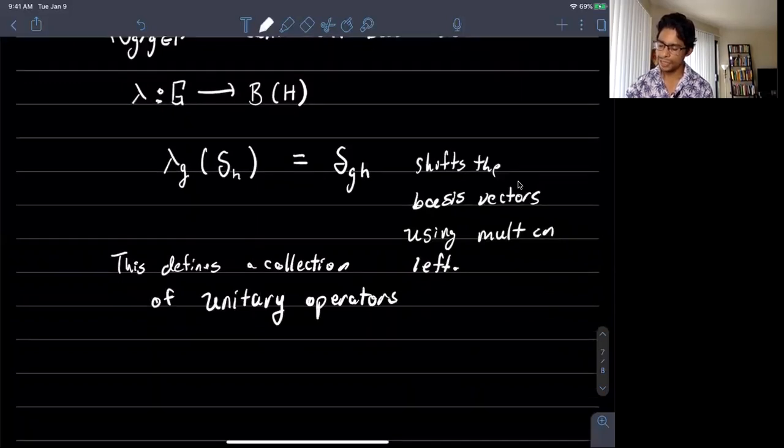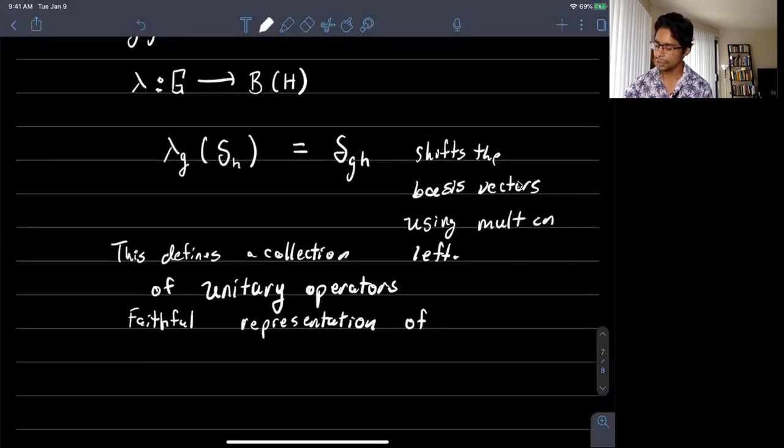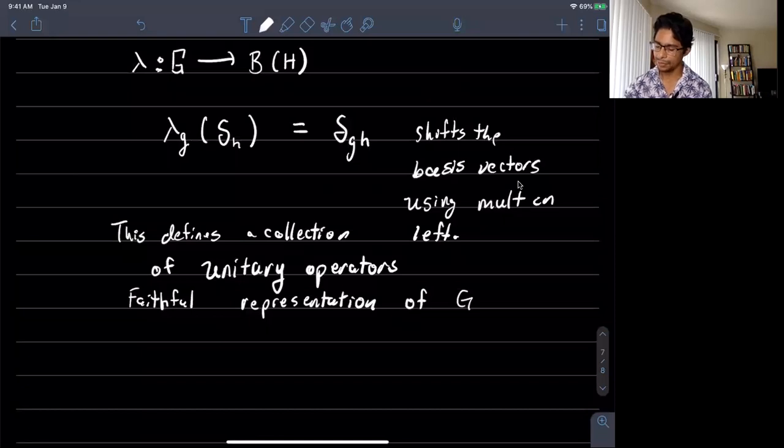And moreover, it's a faithful representation of our initial group, meaning that we have some sort of preservation of the group operation.